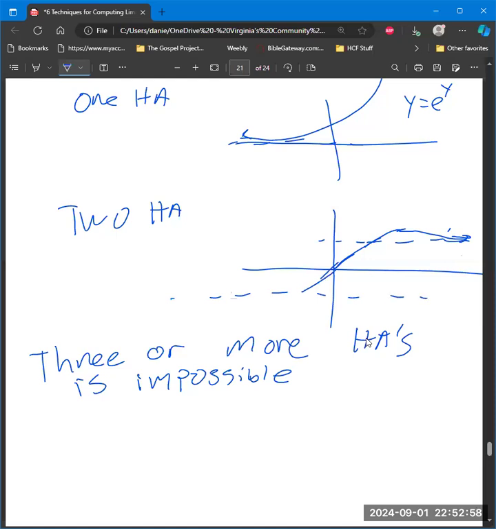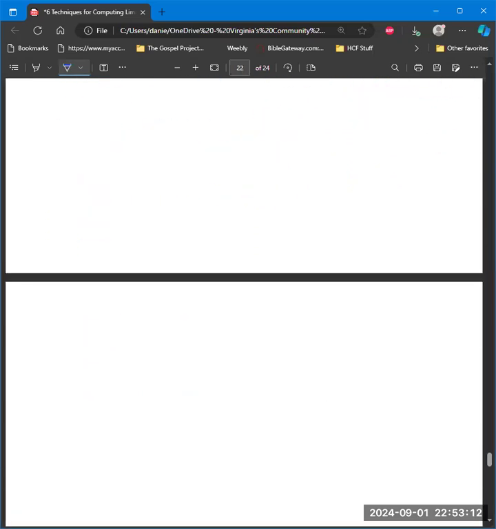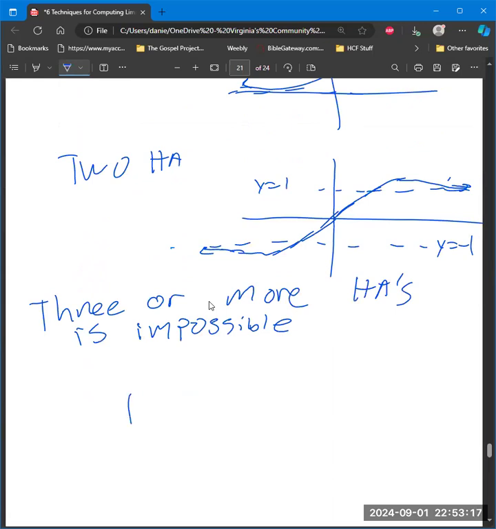And then on this side, maybe it crosses and comes like that, where this is, say, y equals 1, and this is y equals -1. That can definitely happen. So let's see if we see any of those.